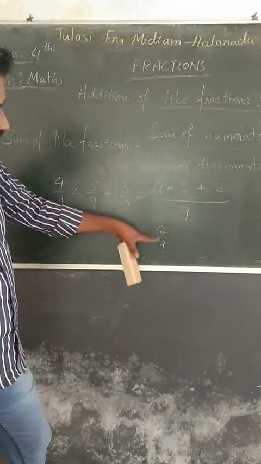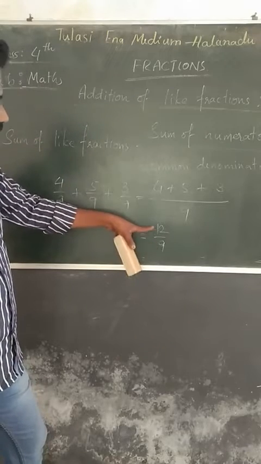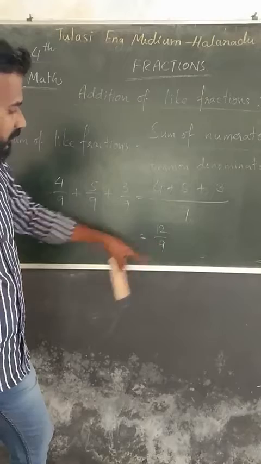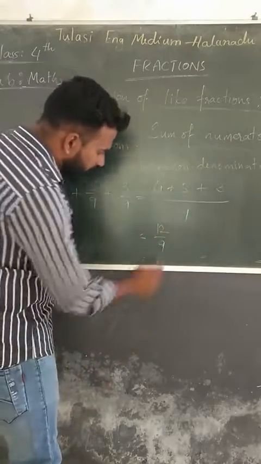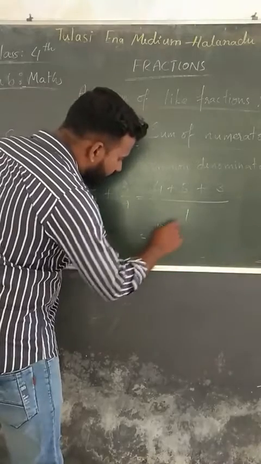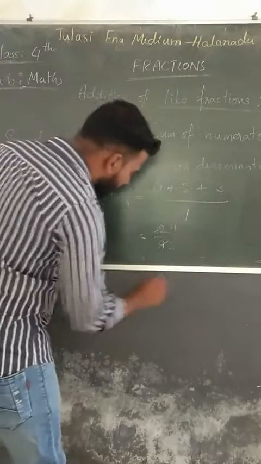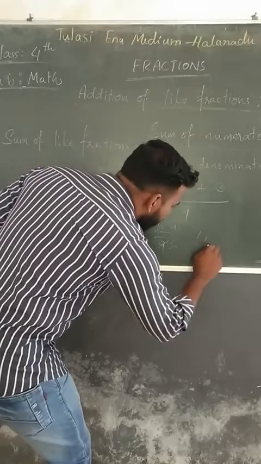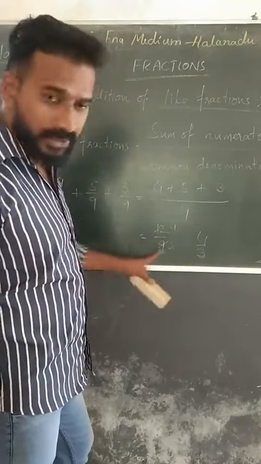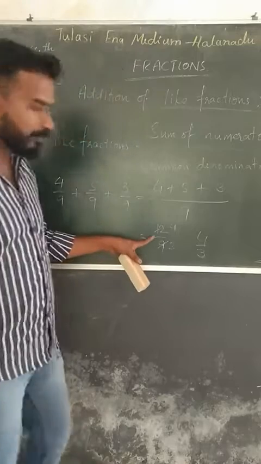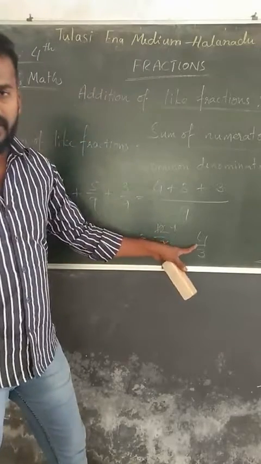Simplification: if both numerator and denominator are divisible by any number other than 1, we can simplify. 3 3s are 9, 3 4s are 12. So we got 4 by 3. However we simplify an improper fraction, we will get an improper fraction only.